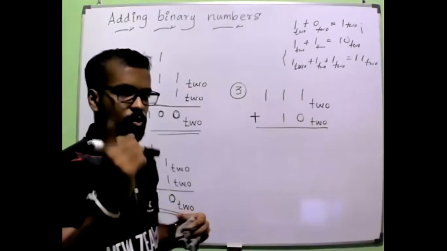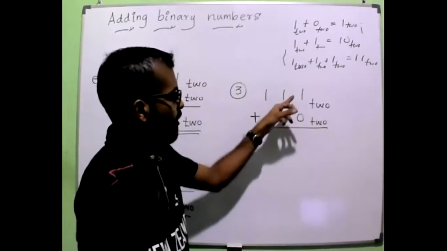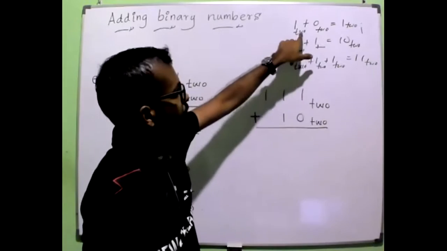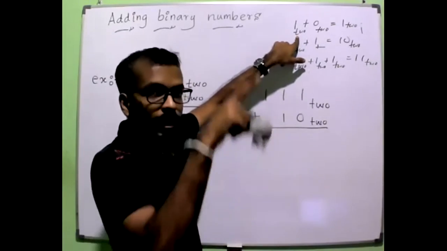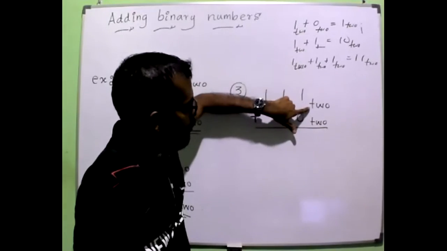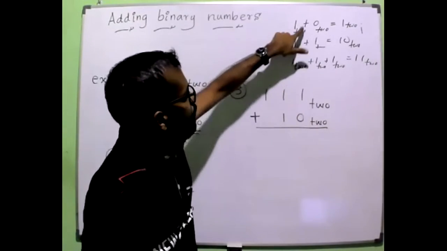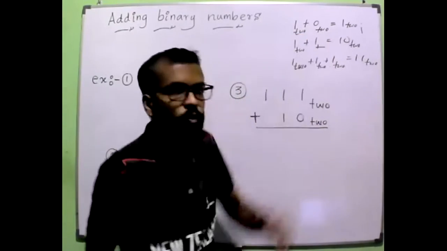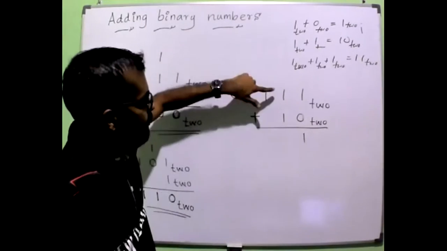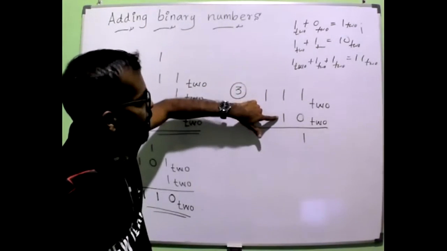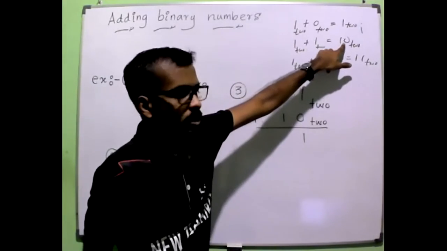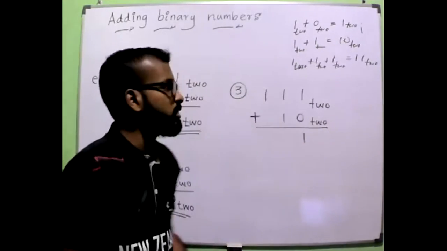So you know now how to do this. 1 plus 0. Please look at your highlighted square or rectangle. 1 plus 0. The answer should be 1. Right? 1 plus 1. The answer should be 10.